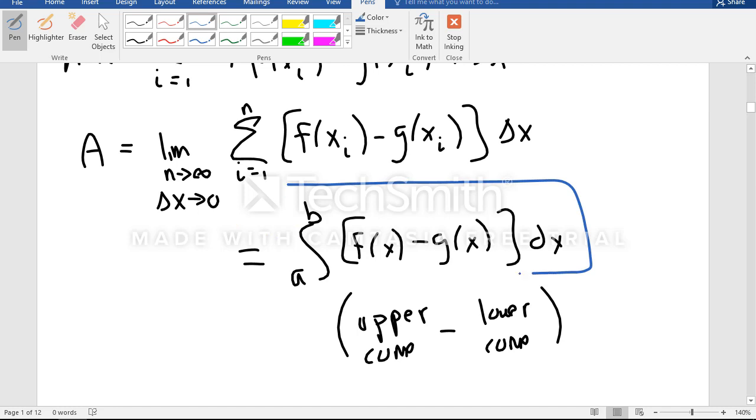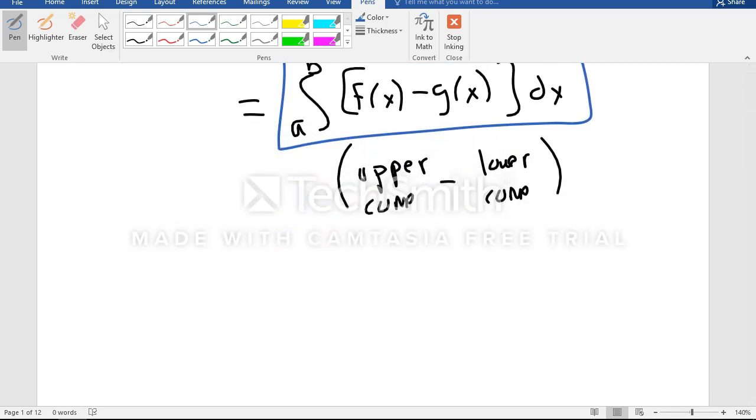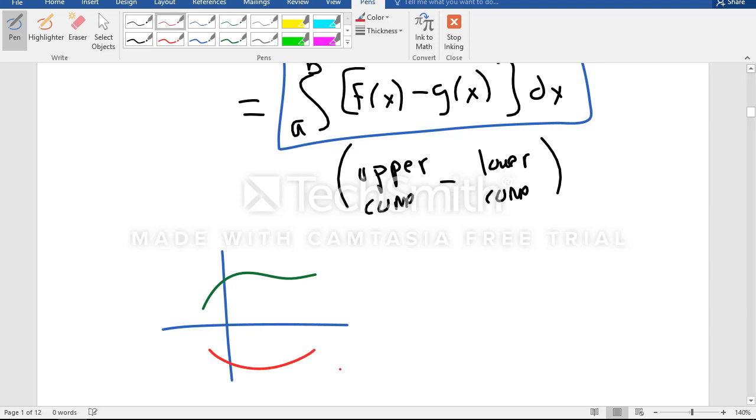And it doesn't matter where this region lives. This region could live in quadrant 1, quadrant 2, quadrant 3, quadrant 4. It could live over all of the quadrants. We could have something like this. We could have the upper curve be, let's say, here, and the lower curve, let's say, be here.